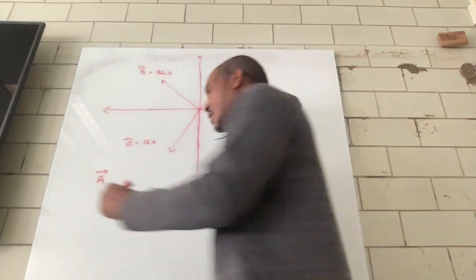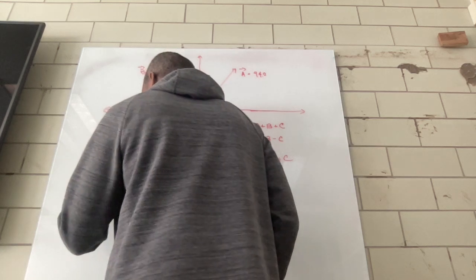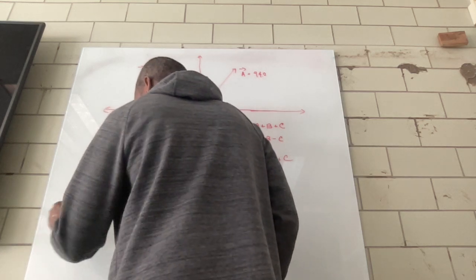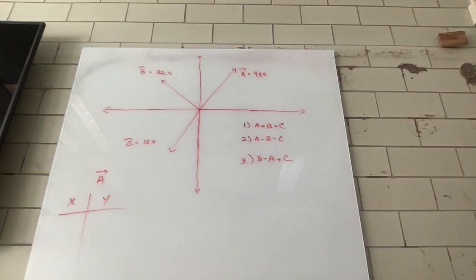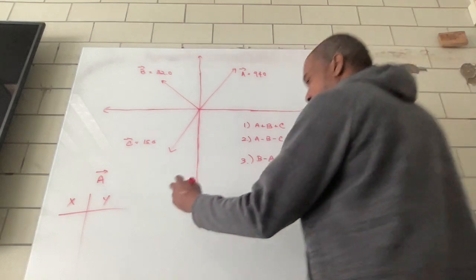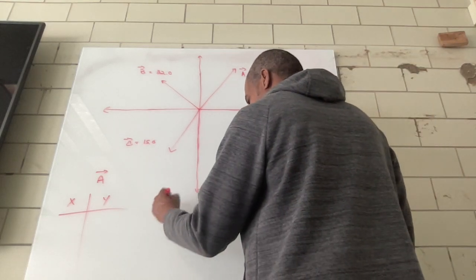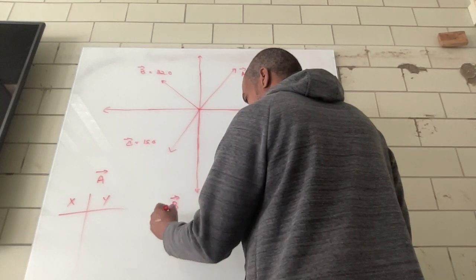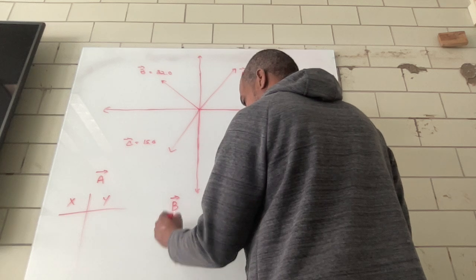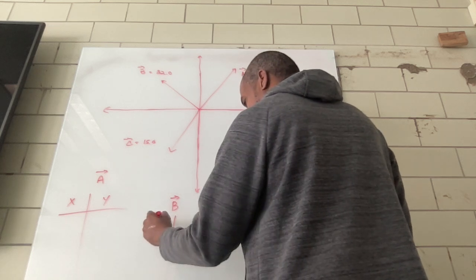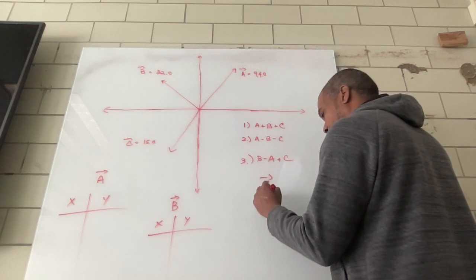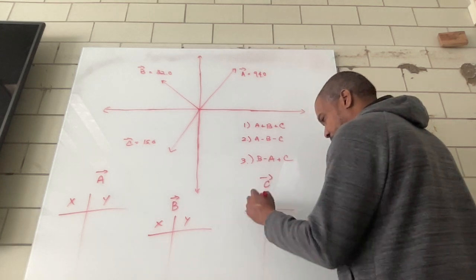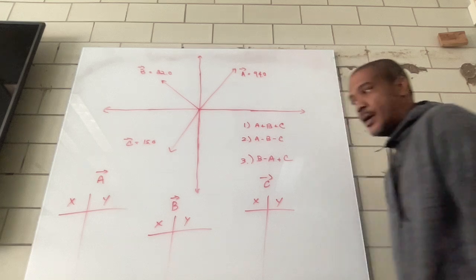Every vector has x and y component. So I can write vector B and vector C.